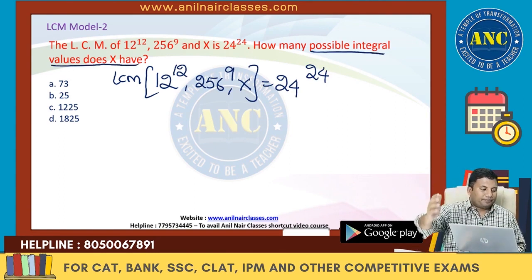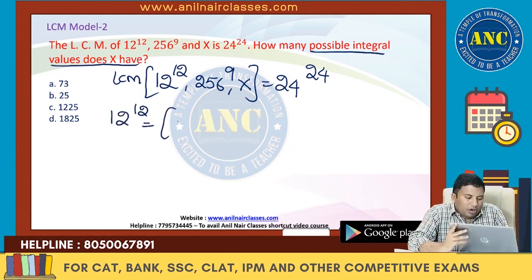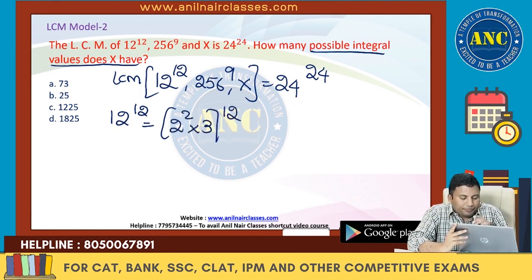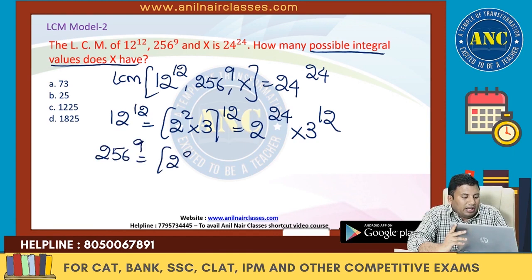Let us see, step by step. 12 power 12 is 2 square into 3 power 12, which is 2 power 24 into 3 power 12. 256 power 9 is 2 power 8 power 9, which is 2 power 72.